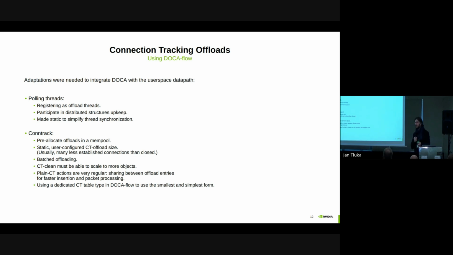Additionally, as you further vertically integrate your offloading process, you have some opportunities and new capabilities that start to appear. For example, for plain CT, what I call plain CT is anything that is not CT NAT, you have some very regular, very low variance in the actions that are applied. So you can actually share them between a lot of offload entries. So you reduce the allocations of such actions, and you have faster insertion and faster packet processing in hardware, because the hardware then has to only reference a single action.